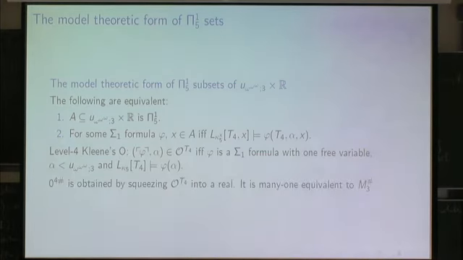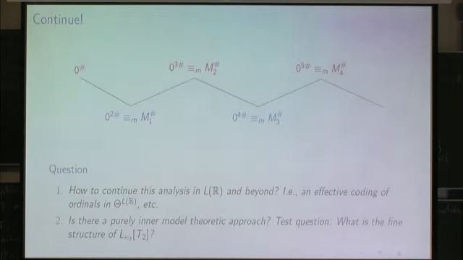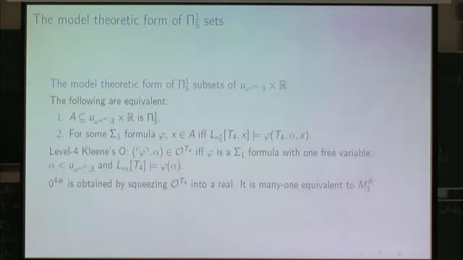And from this, we can define, in a similar way, the level 4 sharp as a set of formulas which takes the form of Boolean combinations of sigma 1 sets over the least admissible set over T2, and this will be the level 4 sharp, which is many-one equivalent to M3 sharp.